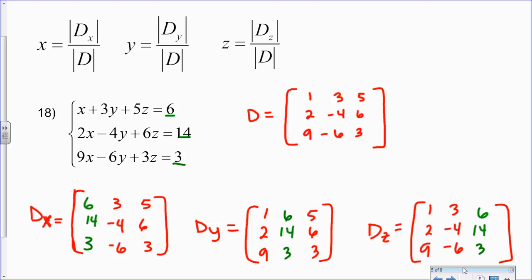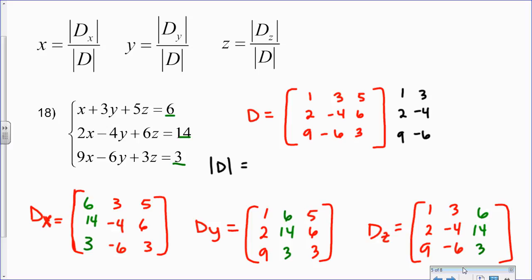All right, so column rotation. If you want to find the determinant of D, I'm going to copy down row 1 and 2. Then I'm going to multiply the numbers in the diagonals and add the diagonals together.